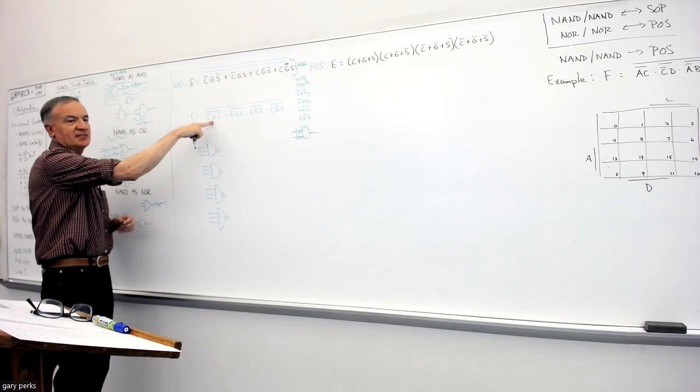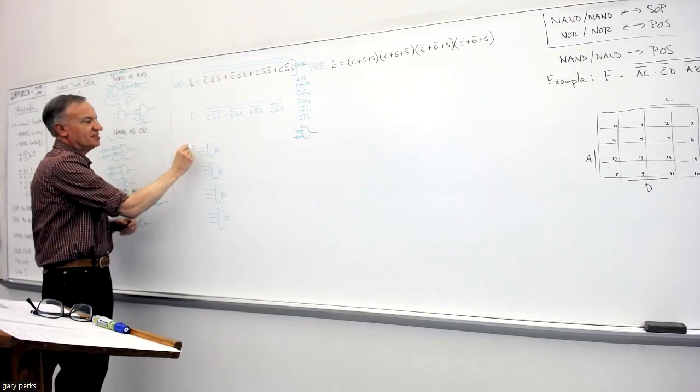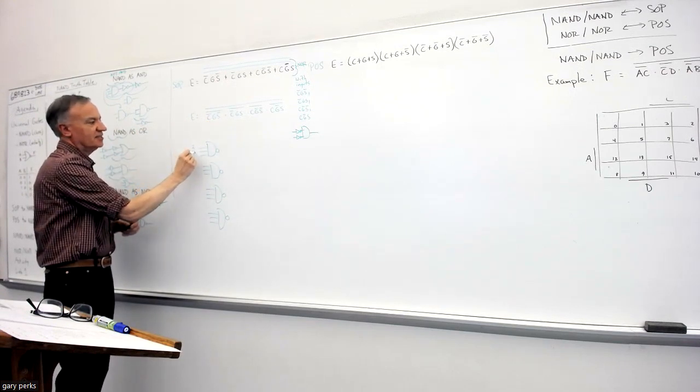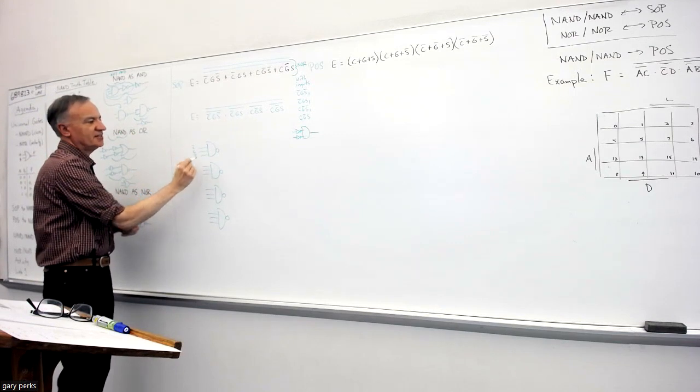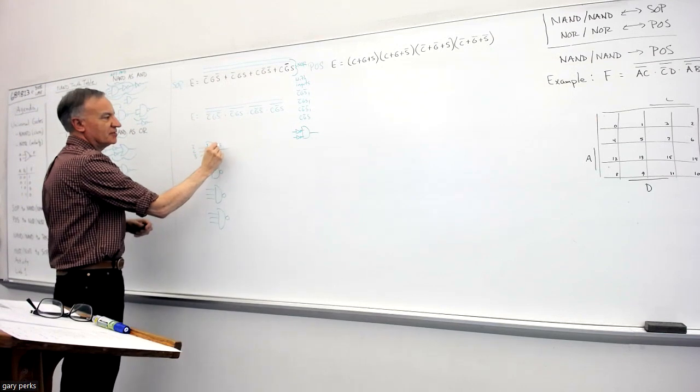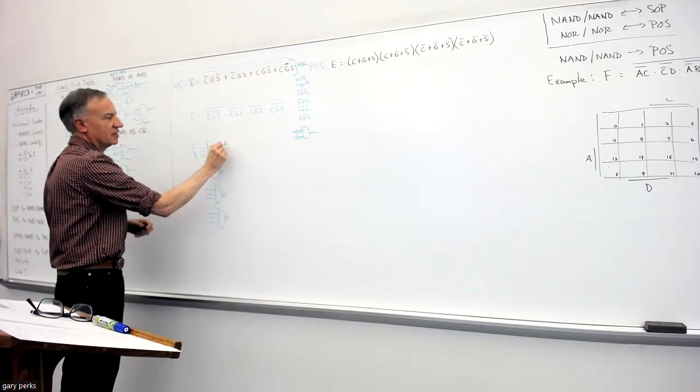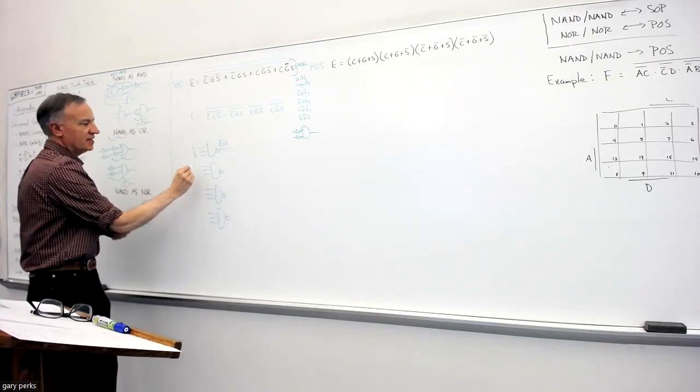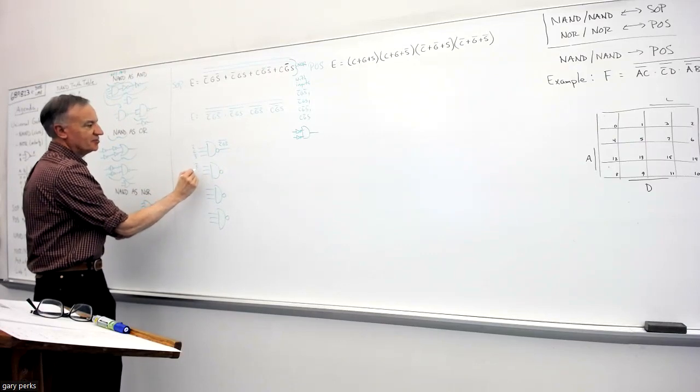If I make this input not C, this G, and this not S, this NAND gate's going to give us this term at the output, and then the next term.